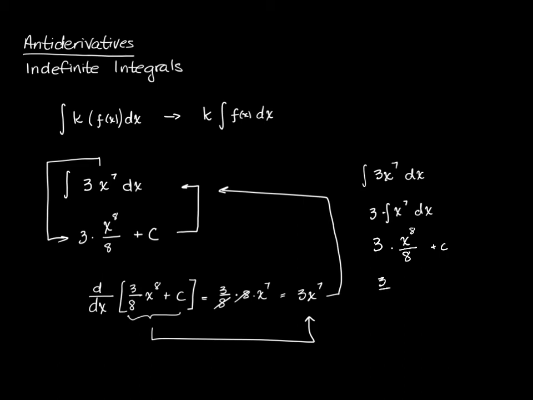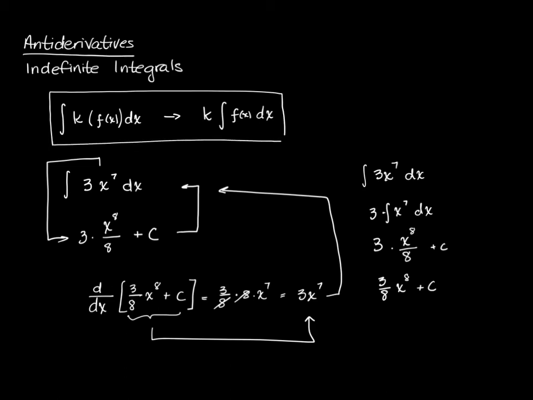Simplifying, I get 3/8 x to the 8th plus c. With this, we have our first property of integrals. If you're integrating a function that's preceded by a constant, you can pull the constant out in front of the integral and integrate the simpler function.